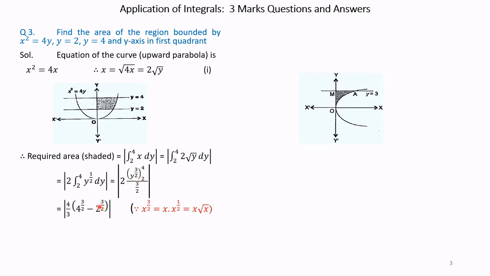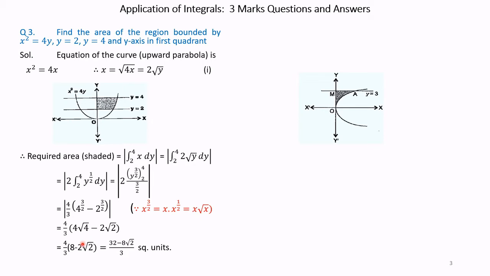The lower limit is 2, so minus 2 to the power of 3 by 2. But x to the power of 3 by 2 is nothing but x root x. So this can be written as 4 by 3 into 4 root 4 minus 2 root 2.